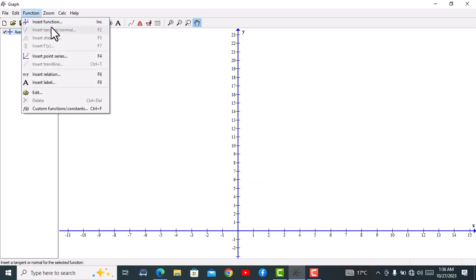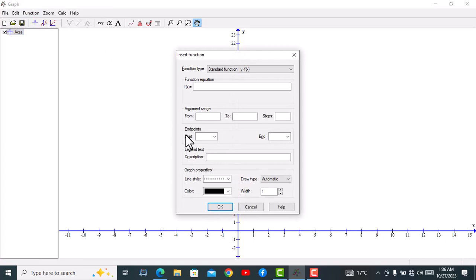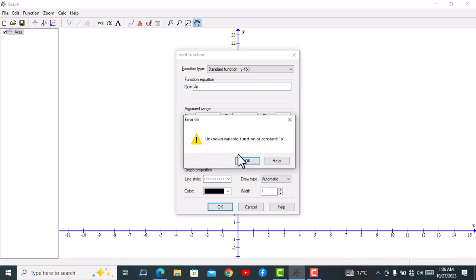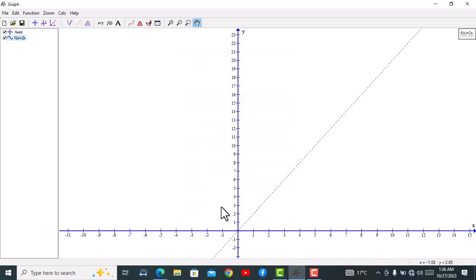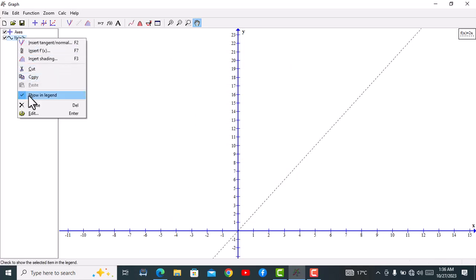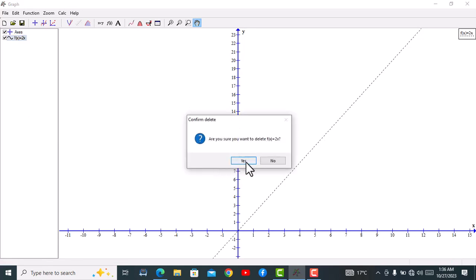When I say y equals, let's say, 2p, and we try to graph this, you see, it doesn't recognize the constant p, but if you say x, it will recognize it and be able to draw the graph. So it is by default using the letter x, but that is fine. I was just trying to show you that.